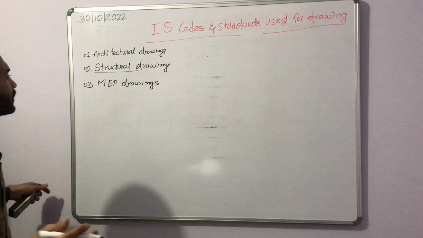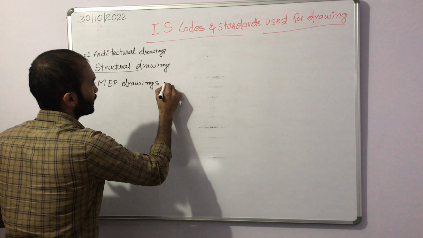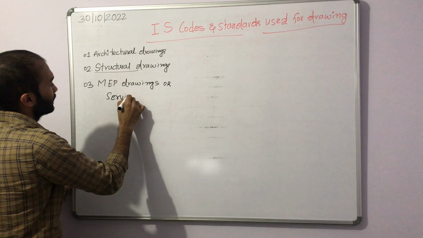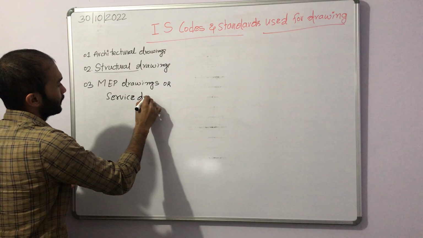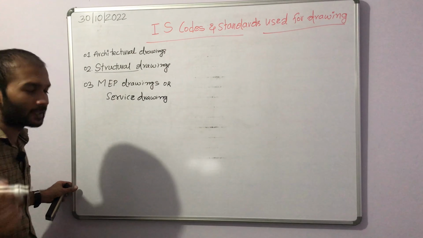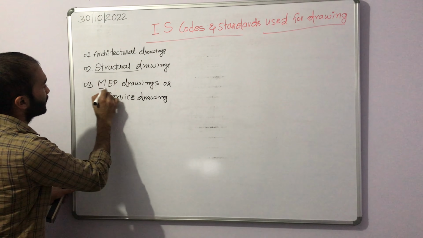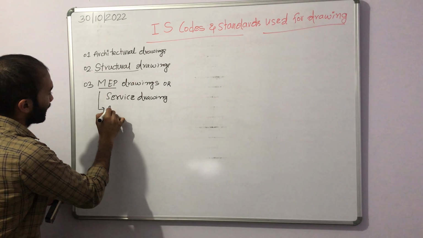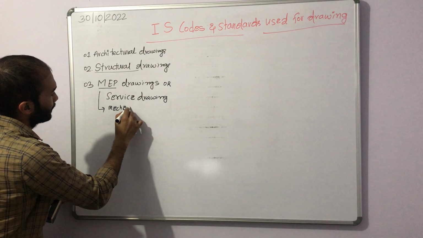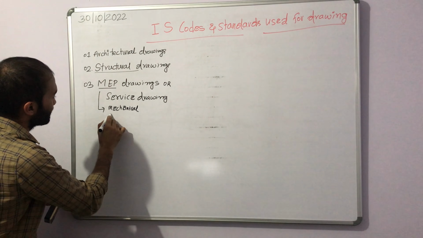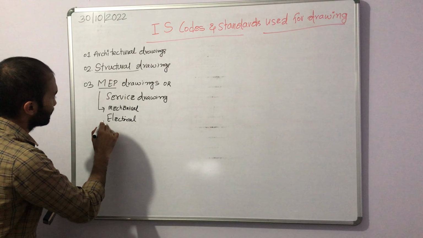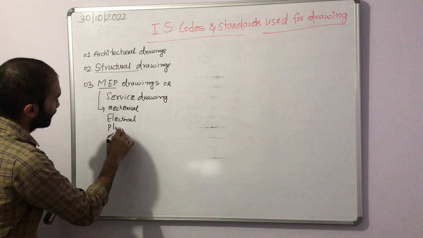MEP drawings, which we also call service drawings, can be split further. MEP is mechanical, electrical, and the last one, P, is plumbing.